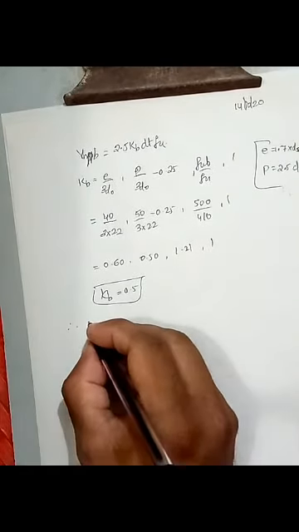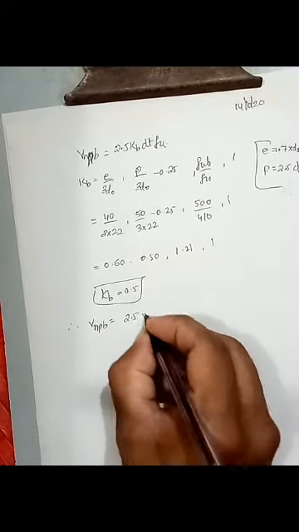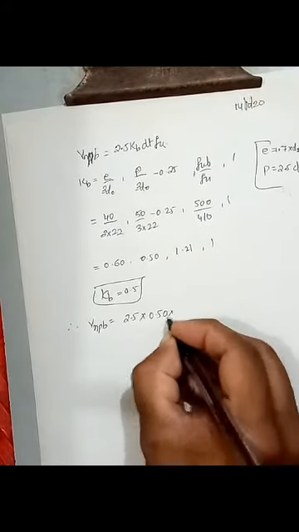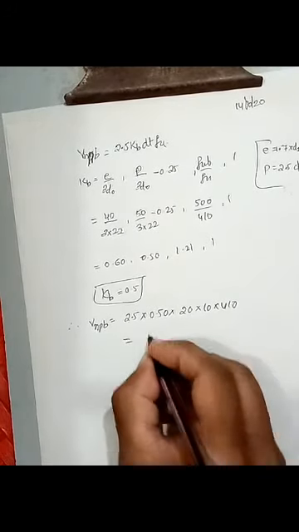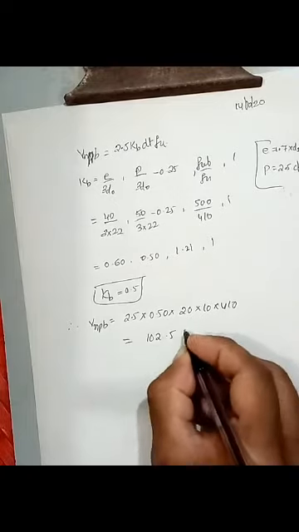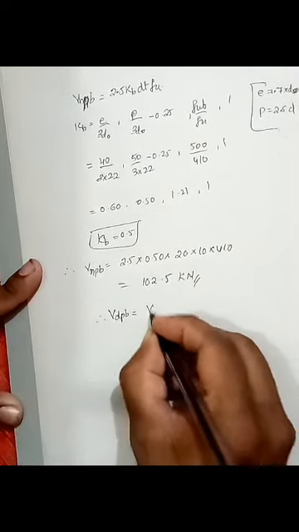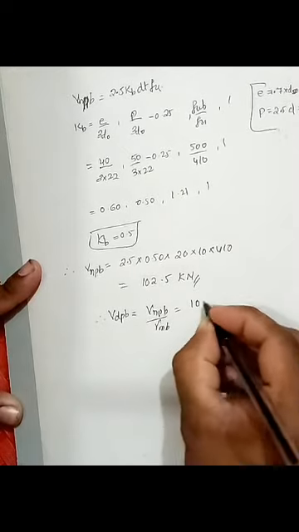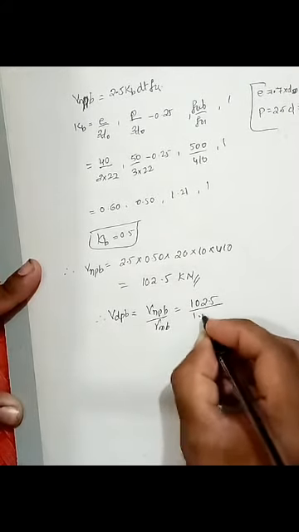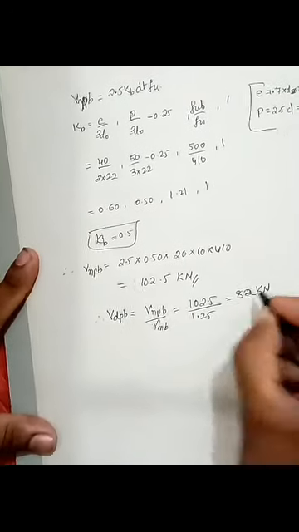So therefore Vnpb is equal to 2.5 into 0.5 into 20 into 10 into 410. So I get 102.5 kilonewton. So therefore Vdpb is equal to Vnpb by gamma mb, that is 102.5 divided by 1.25, which is equal to 82 kilonewton.